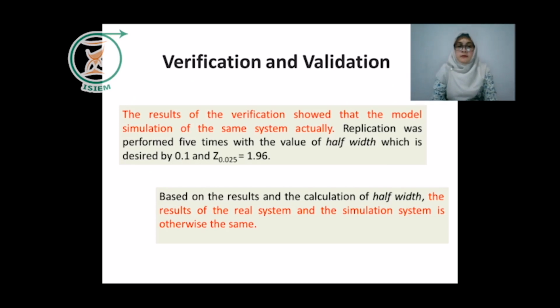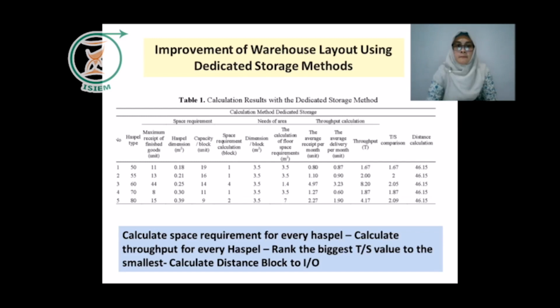Result for verification and validation show that the simulation model is the same as the actual, and based on the calculation of half width, the result of the actual system and the simulation system is the same. Improvement of warehouse layout using dedicated storage.